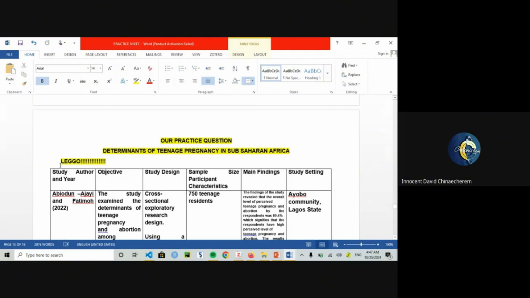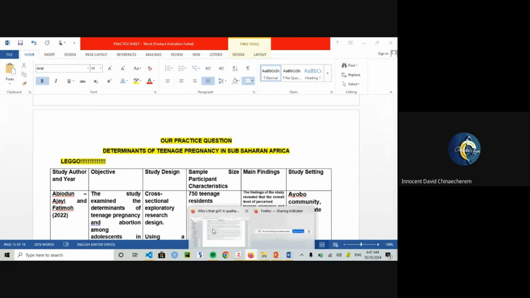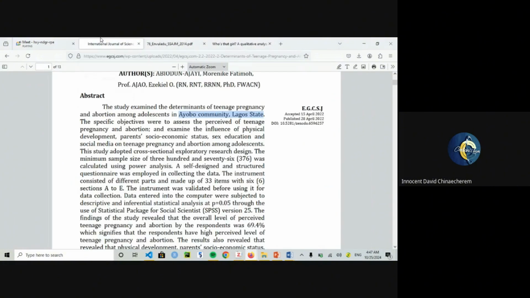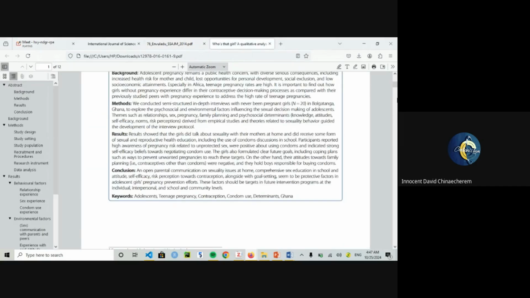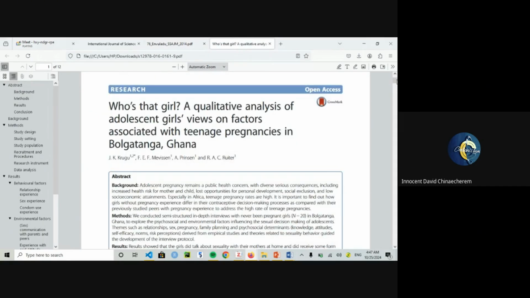And then we did our practice question, where I came up with some of the domains that I extracted. Just 6 domains: study author and year, objective, study design, participant characteristics, main findings, and study setting. And I quickly selected 3 papers: the paper by Abiodun Ajayi, the paper by Mvuladu, and the Ghanaian paper by Kurugu et al.